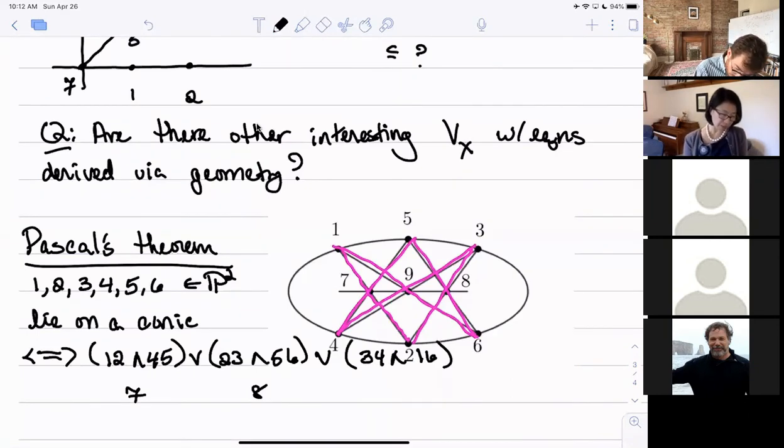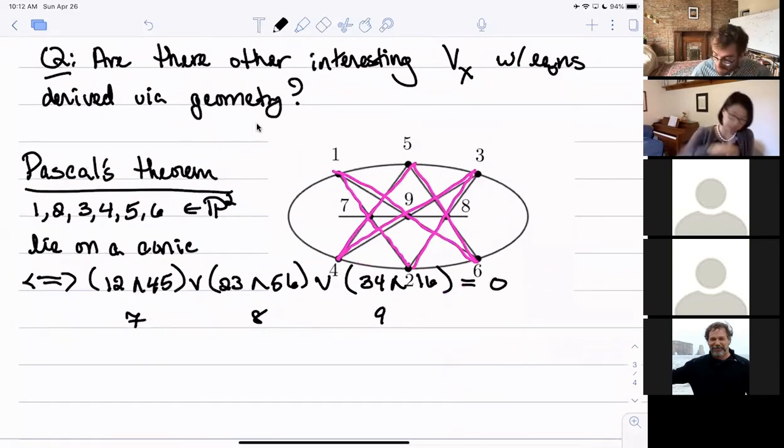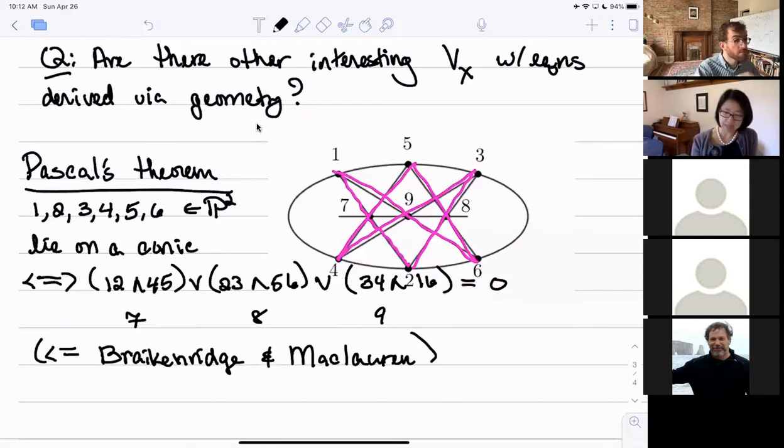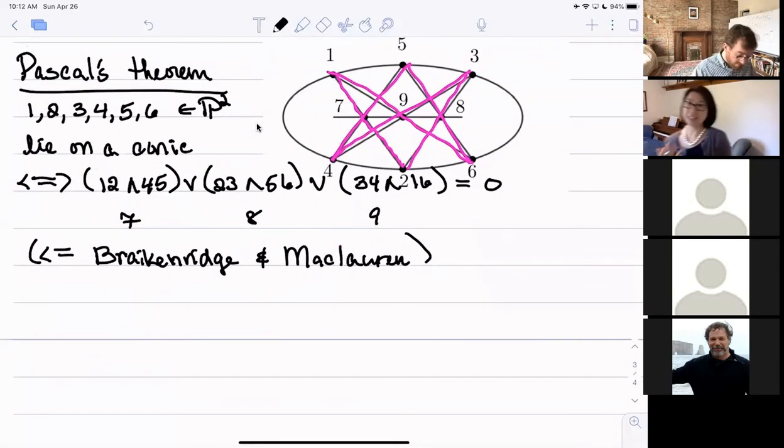So Pascal's theorem is really saying that this Grassmann-Cayley algebra expression is equal to 0 if and only if my 6 points lie on a conic. Pascal's theorem was really one direction, and the other direction is due to Braikenridge and Maclaurin. And I claim that using Pascal's theorem, we can get an interesting matroid.